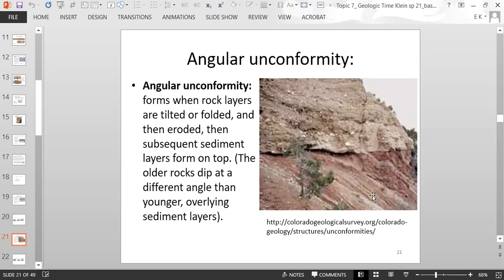So the older rock layers are either going to be tilted or folded, so they're going to be at a different orientation than the younger layers above. So in this case, these younger layers are flat, horizontal, but these layers are on a dip. They're dipping at an angle. So here's your angular unconformity right there.